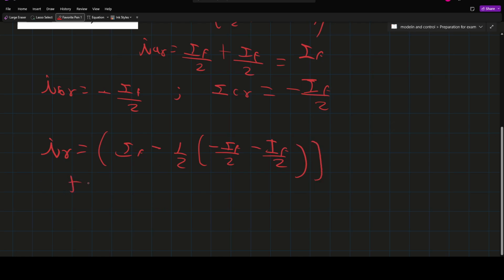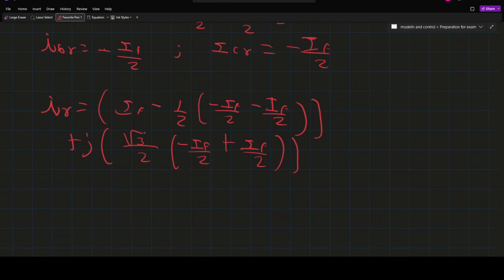And for our beta component, we are going to have j square root 3 over 2 times minus IF halves plus IF over 2. And so we have our space phasor of 3 halves IF plus j0, which makes sense because it is a permanent magnet.